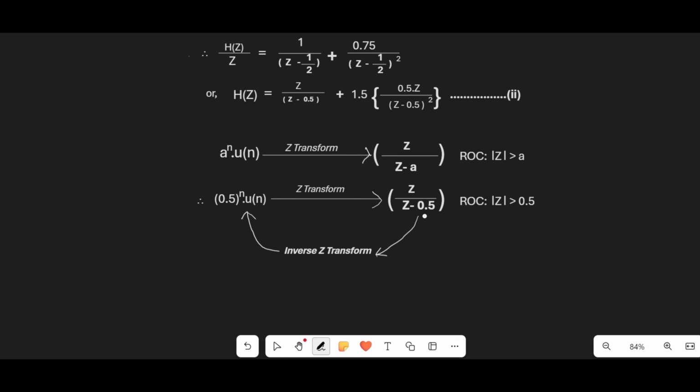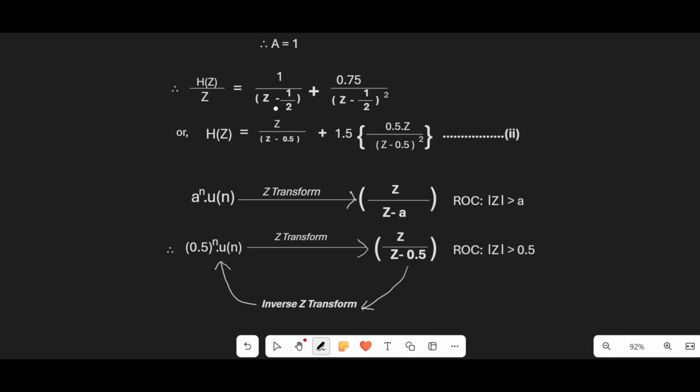If we take the inverse Z transform, then we can find the previous function. That means for this portion, the inverse Z transform will be 0.5 to the power n into unit step signal.